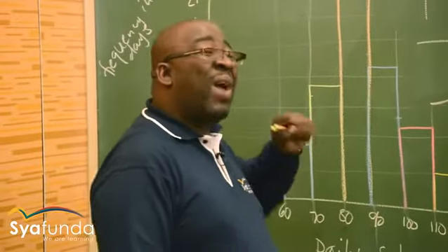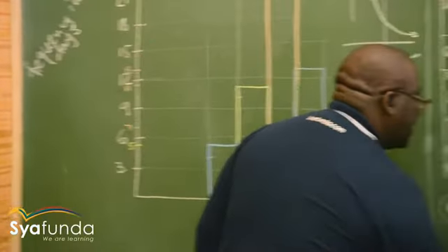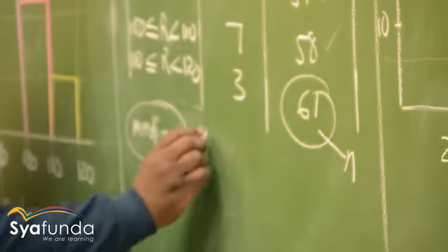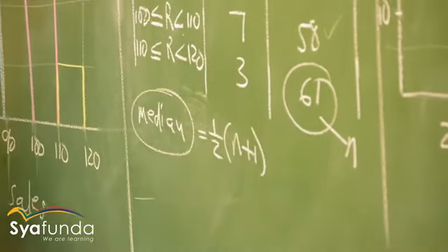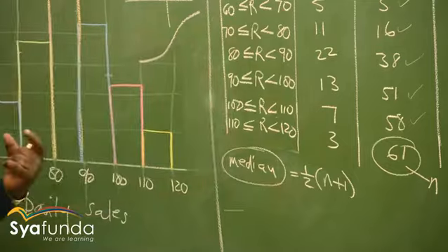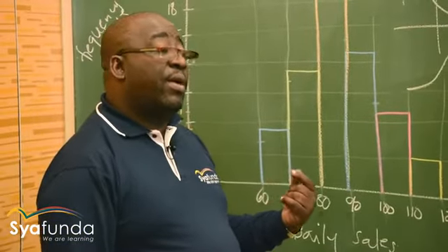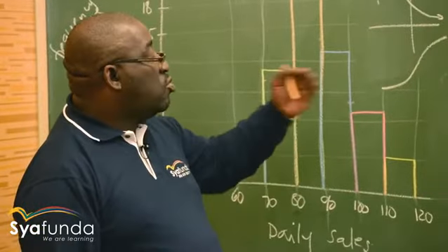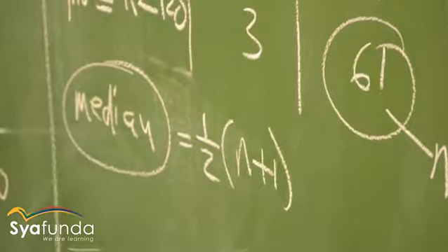How do I find the position of Q2? My median position will be equal to 1 over 2 into n plus 1. Remember, in our introduction, we said Q2 is 2 over 4, which is the same as 1 over 2. This will give me the position of where it is.